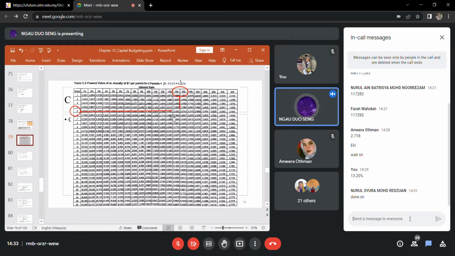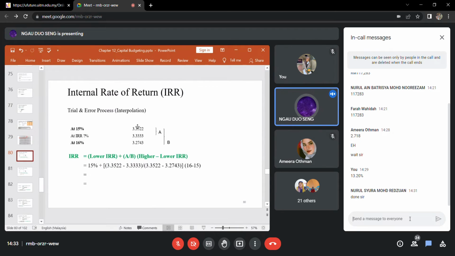So same as before, we have done finding the interest rate before, right? So we copy the two numbers. At 15% we copy 3.3522, and at IRR percentage, which is what we need to calculate, it is 3.3333. At 16% it is 3.2743.